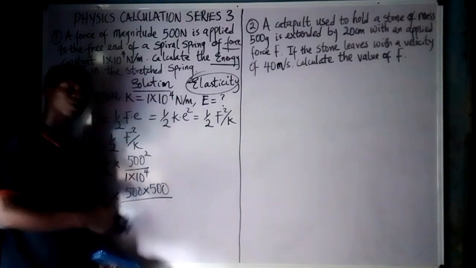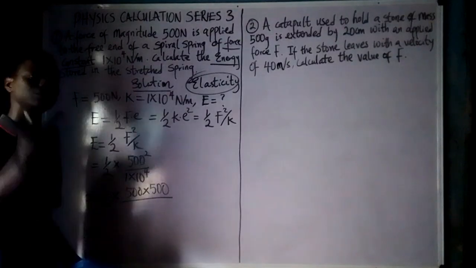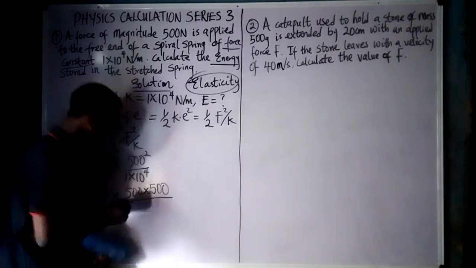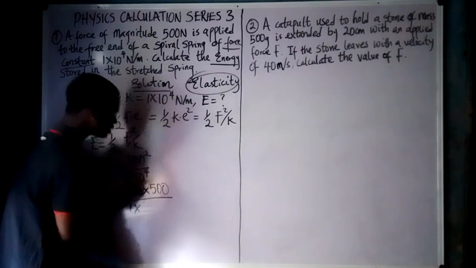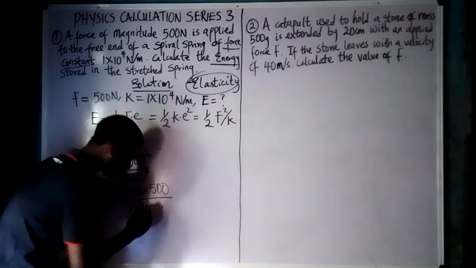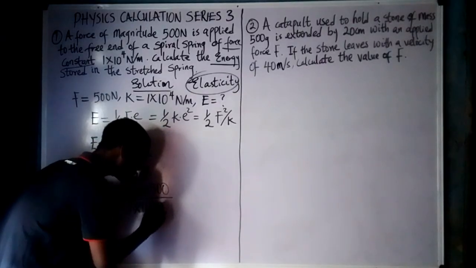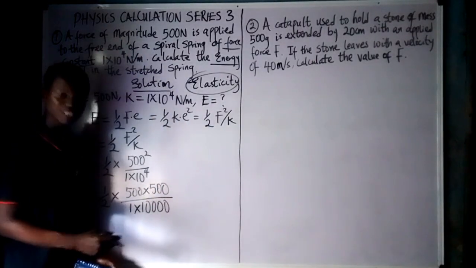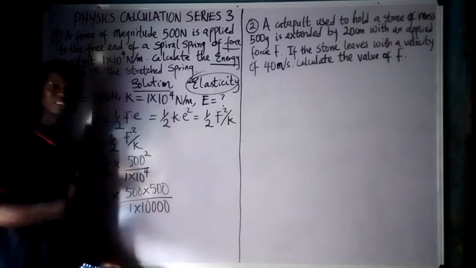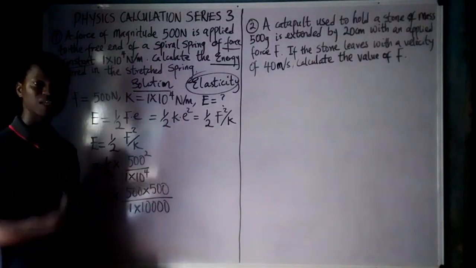Okay? If it's 10 raised to power 3, it is 10 in 3 places. So this is how the expansion will now look like. We will now say 1 times, in place of 10 raised to power 4, we say 1, 0, 0, 0, 0. How many 0? We now have 4 0. Or you can say 10 times 10 times 10 times 10.